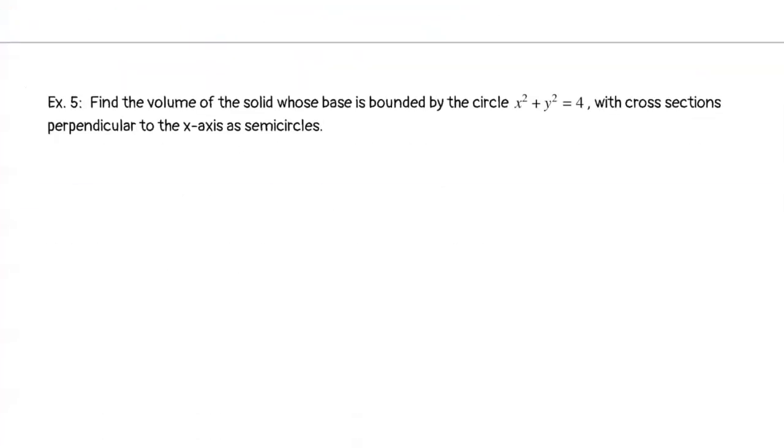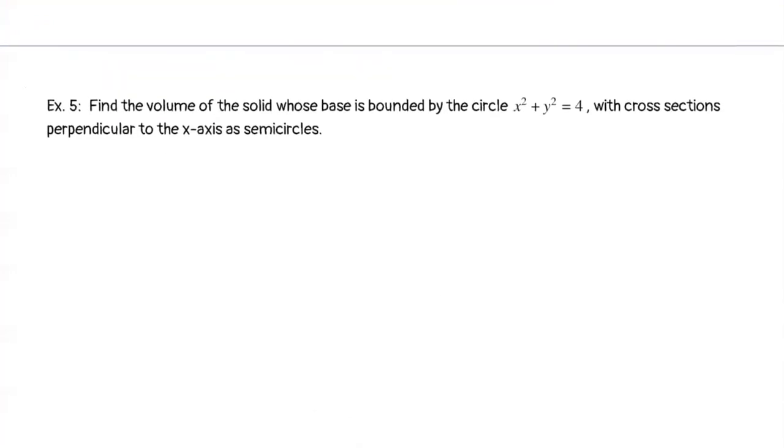So here is the last example that I'd like to do. Example 5: find the volume of the solid whose base is bounded by the circle x squared plus y squared equals 4.